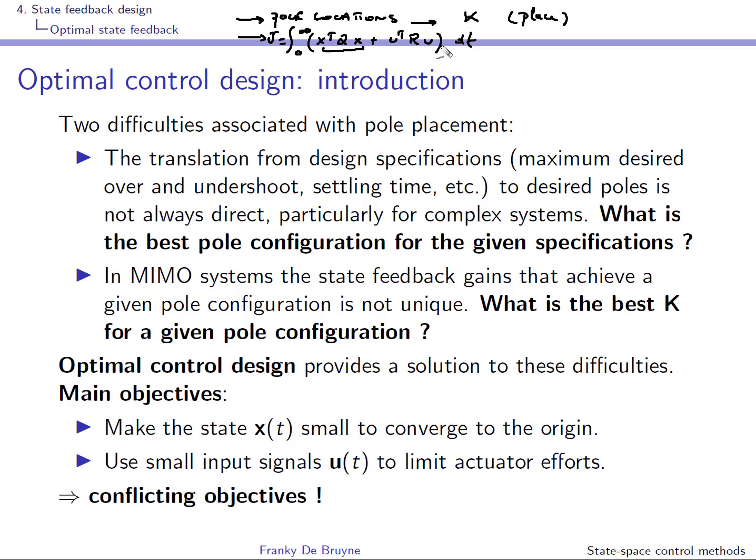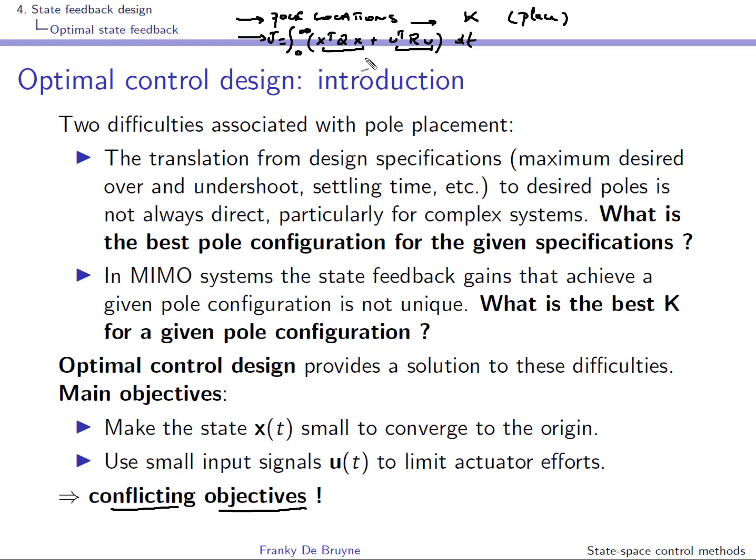And the other objective is to make sure that the input, the control signal, is small in order to limit the actuator effort. And of course these are conflicting objectives, because if you want to make x of t small as fast as possible, there is a chance that the control will be nervous and that this will increase u of t.